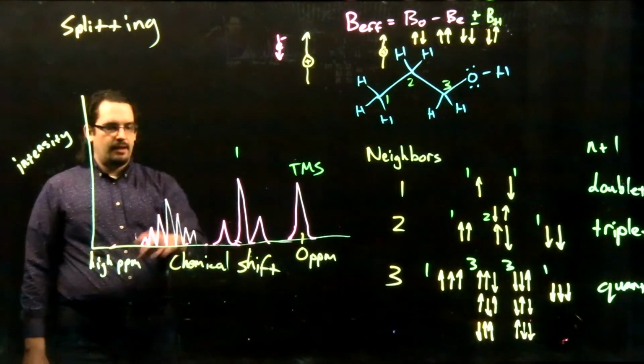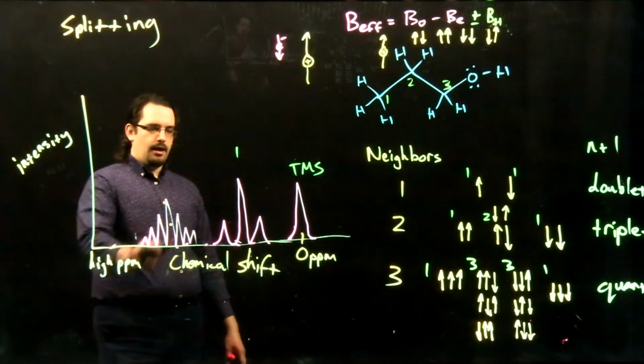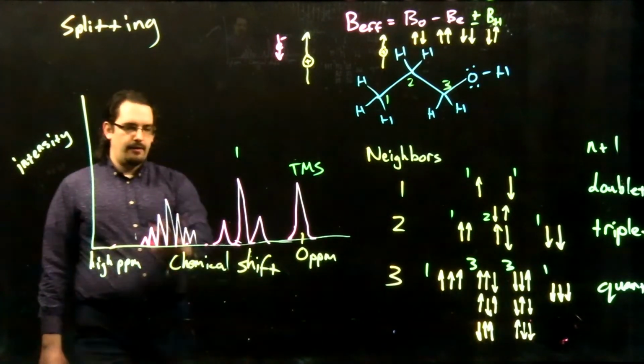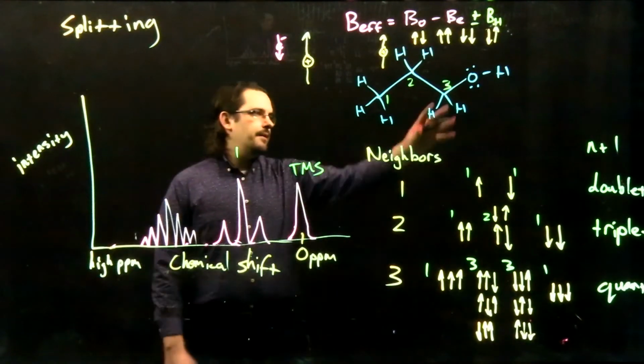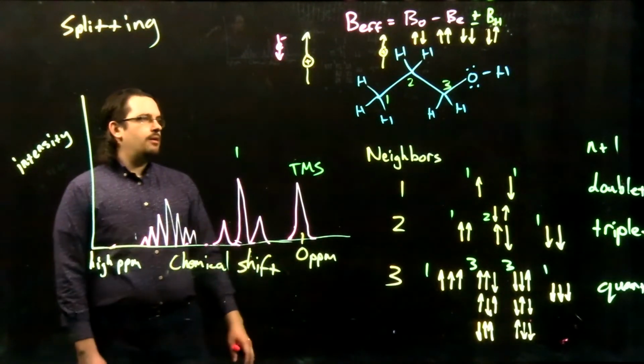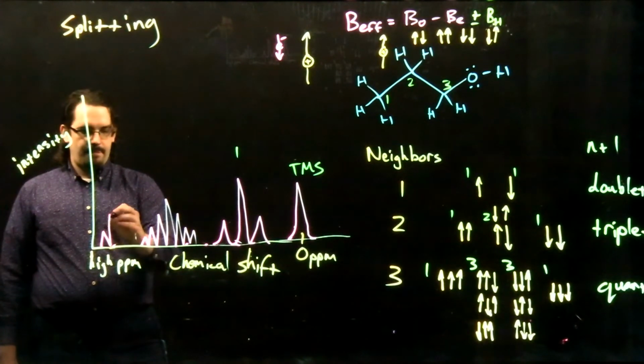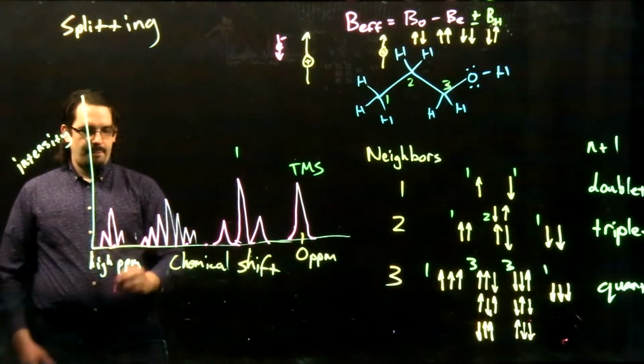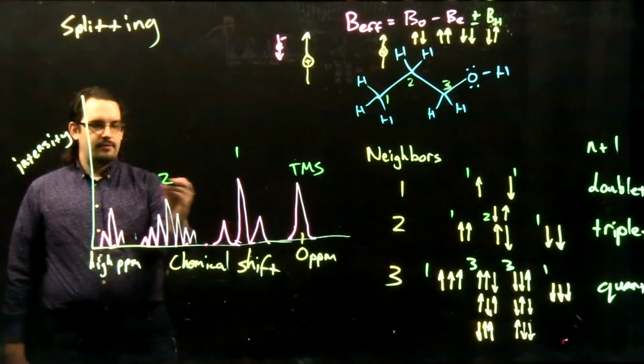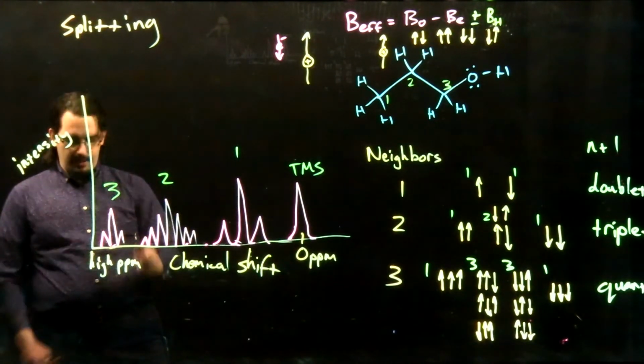It wouldn't look exactly like this. It would be more complicated. But I don't want to draw out the full splitting pattern. And then when we get over here to 3, we would see another triplet. So again, 1, 2, and 3.